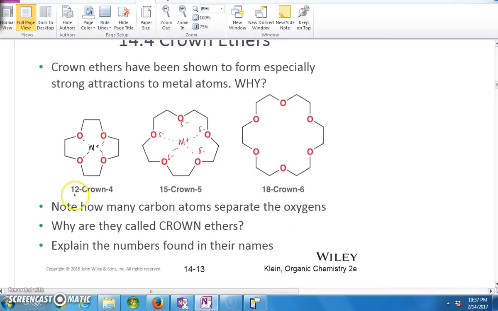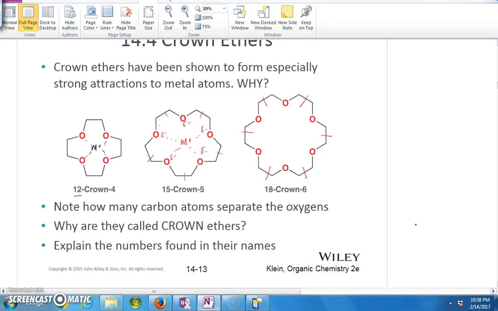Here we have a total of 12 atoms and 4 oxygens. Here we have a total of 15 atoms and 5 oxygens. And here we have 18 atoms and 6 oxygens.